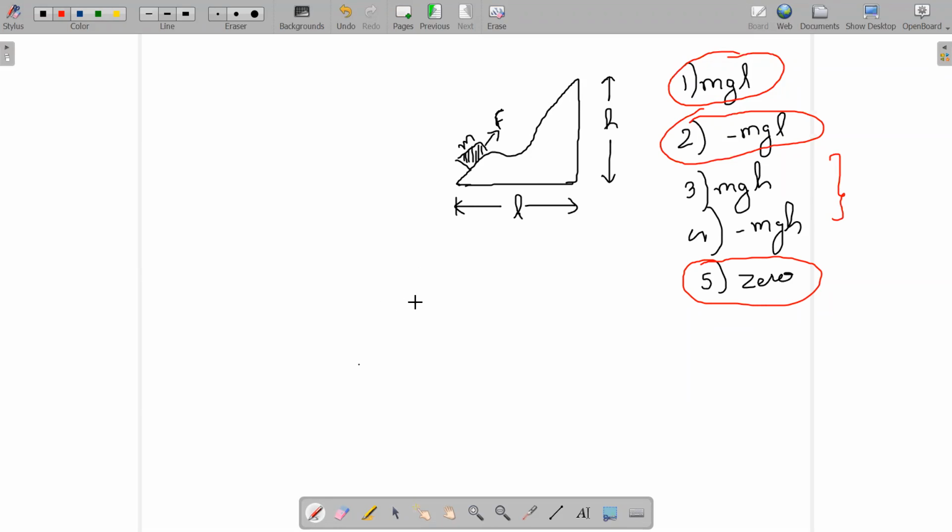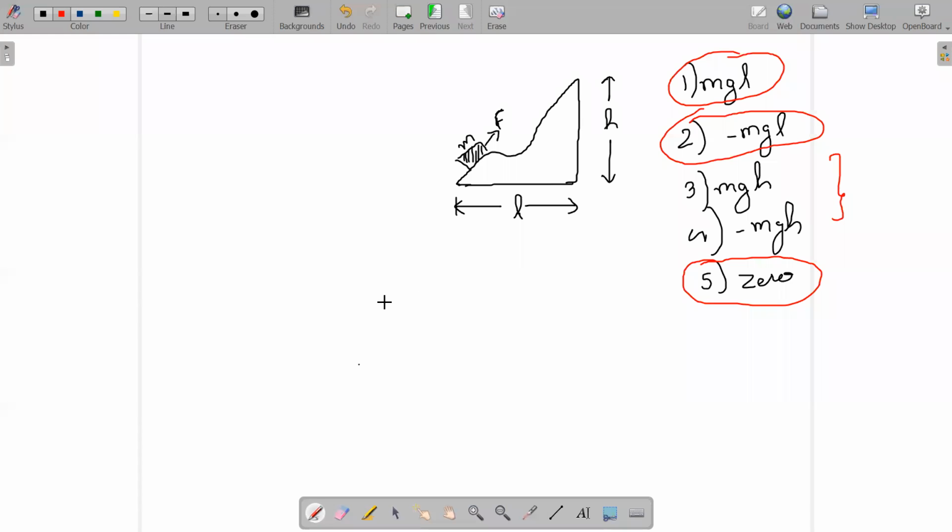Now, here we need to understand that the question says a body of mass m was slowly pulled up the hill by a force F, which at each point was directed along the tangent of the trajectory. First of all, on this point itself, somebody had doubt. What does tangent of the trajectory specify?